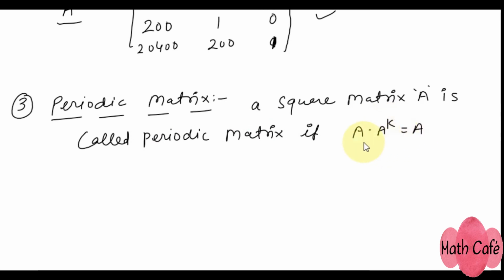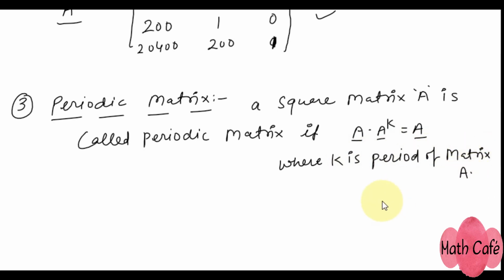All right, if this equation is satisfied, then this matrix A is called periodic matrix, where K is the period of matrix A, in the least case.